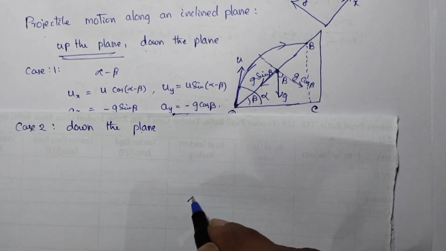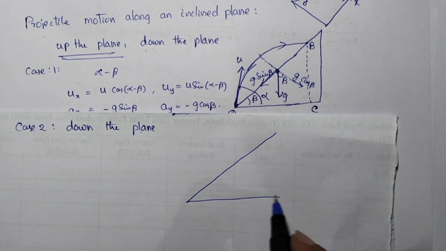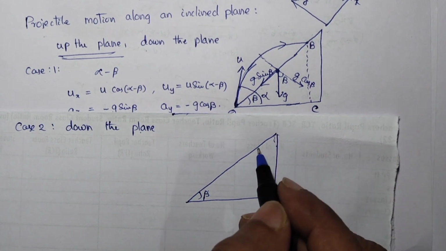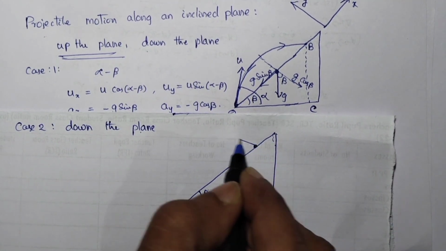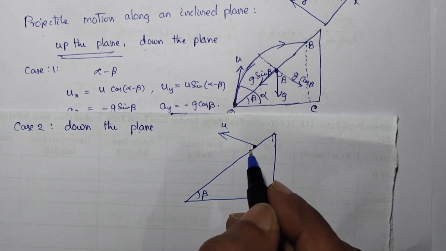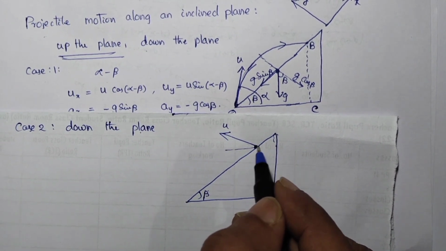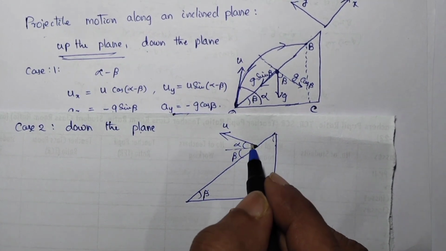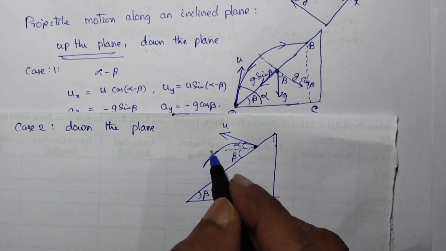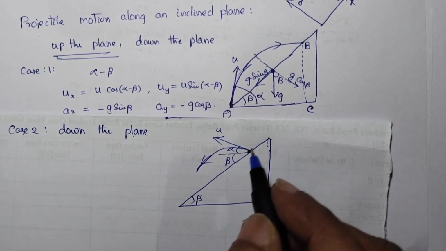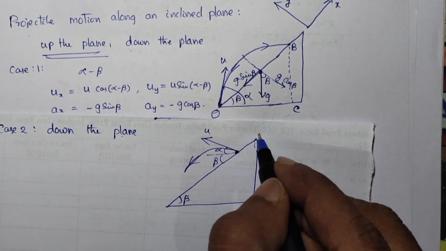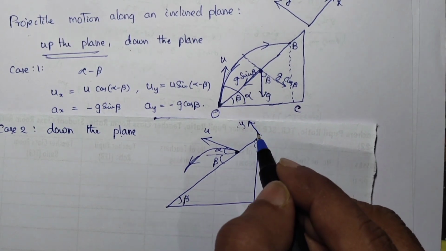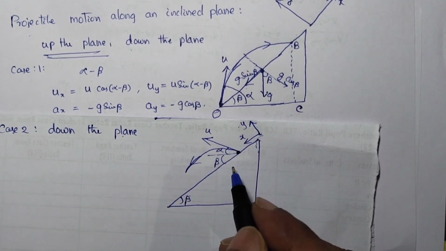Let us take an inclined plane in this way, making an angle beta with the horizontal, and an object is projected in this direction with u, making an angle alpha with the horizontal. The projectile goes in this direction, and you take the upward perpendicular to the plane as the y-axis and the downward direction along the plane as the x-axis.